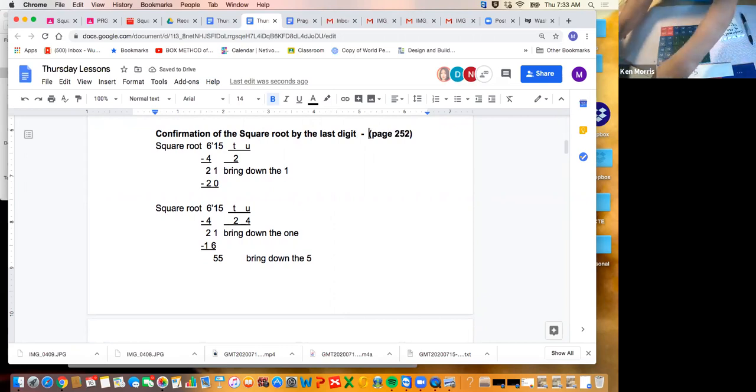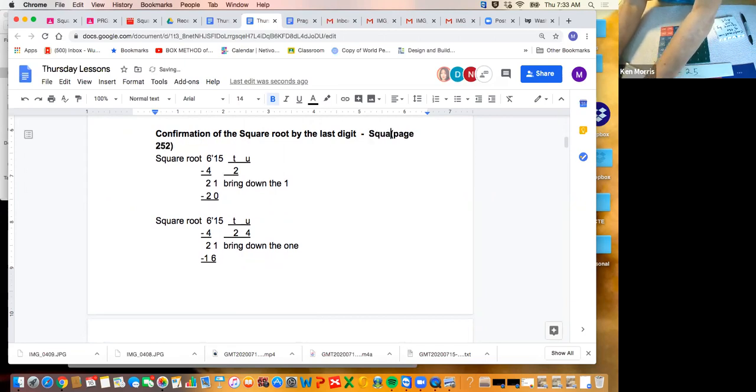What I would have called it is square root of a non-perfect square. That's not great either, but it's better. We just looked at the square root of 625.